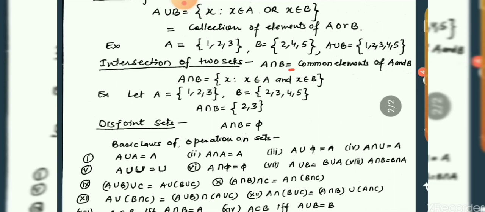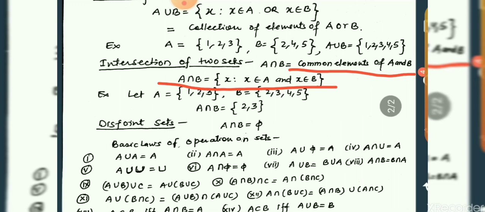It is the collection of all common elements of A and B. Means those elements which are present in both A as well as B are said to be the part of the intersection of A and B. Mathematically we can define it as A intersection B is equal to X such that X belongs to A and X belongs to B. Means X must be the element of A as well as B.